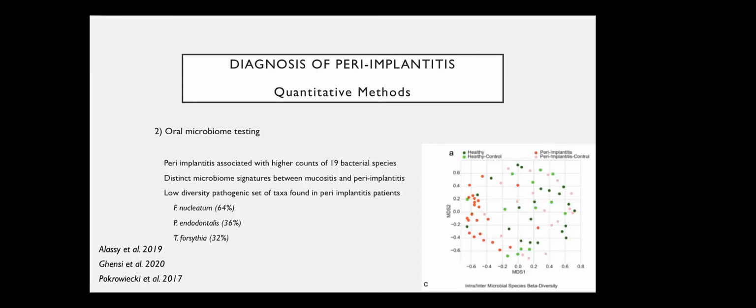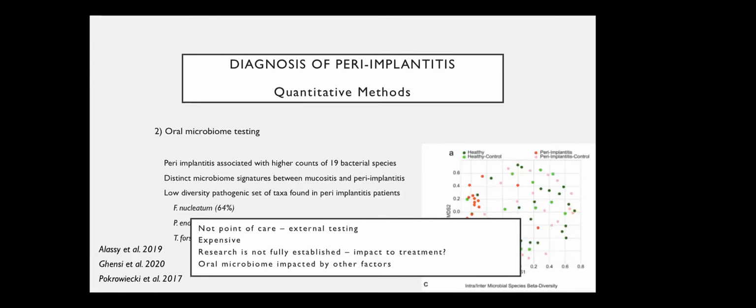And there are very distinct signatures between mucositis and peri-implantitis. So that technically means we could differentiate between peri-mucositis and peri-implantitis with oral microbiome testing and looking at specific bacteria, particularly Fusobacterium nucleatum, P. endodontalis, and T. forsythia, to see whether or not there are elevated levels of them in the mouth.